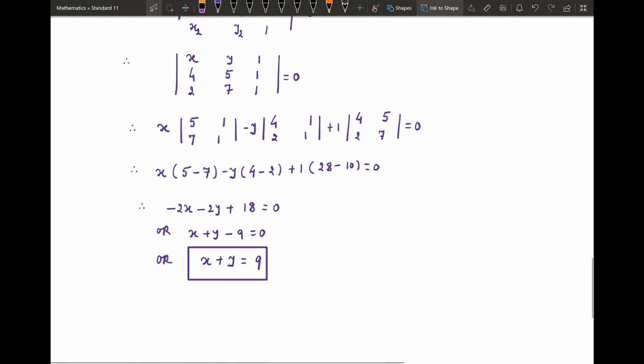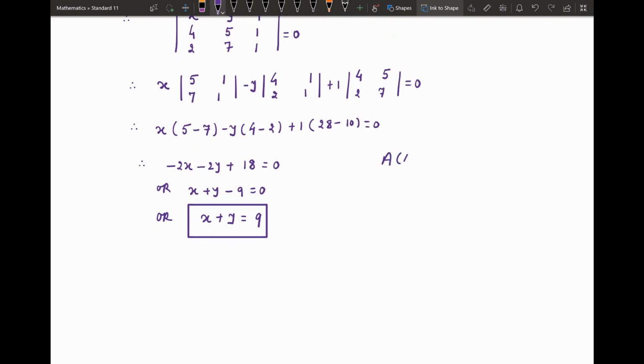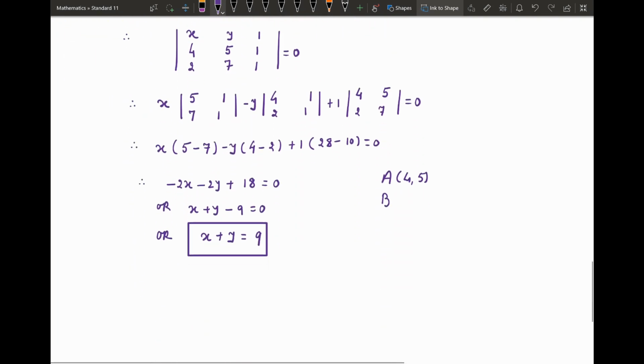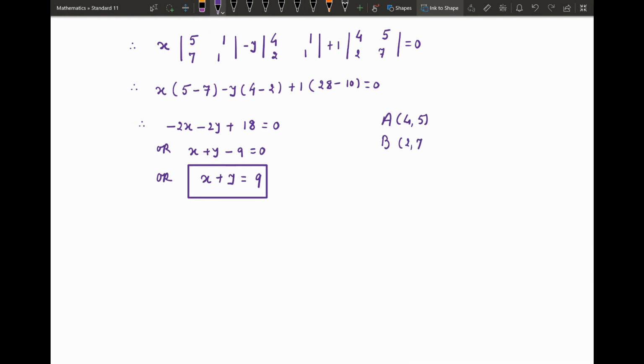You check this: A is (4, 5), B is (2, 7). Now if this equation is correct, then the coordinates of A and B will satisfy the given equation. You can easily verify. Put A (4, 5): what is LHS? x plus y, put x coordinate 4, y coordinate 5, 4 plus 5 is 9, that is RHS.